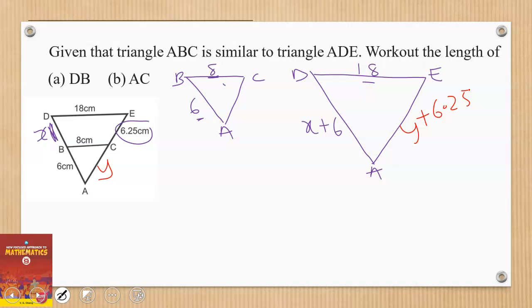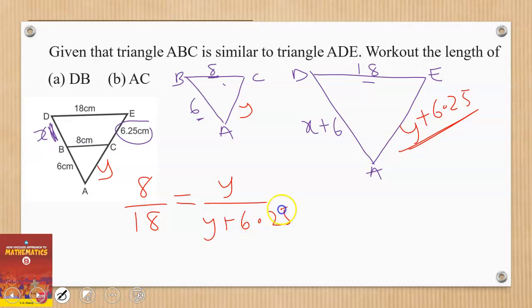And so again, we can say that 8 divided by 18 should be equal to the side AC, which we call y, over AE, which is y plus 6.25.